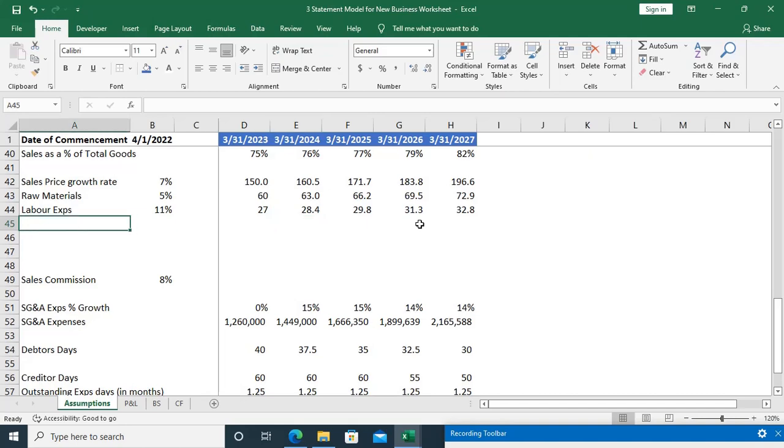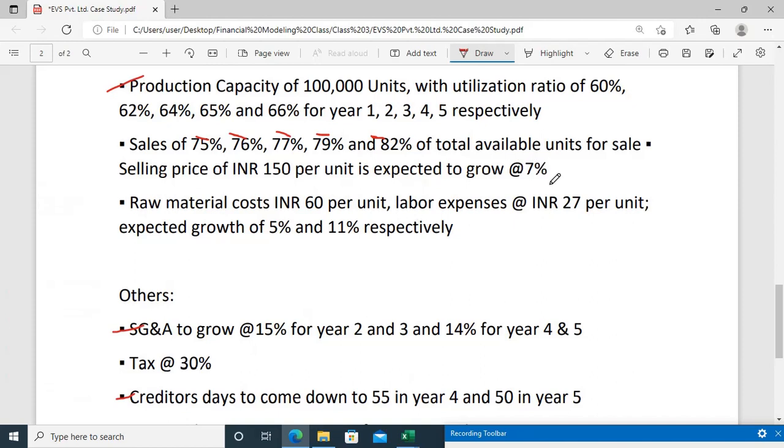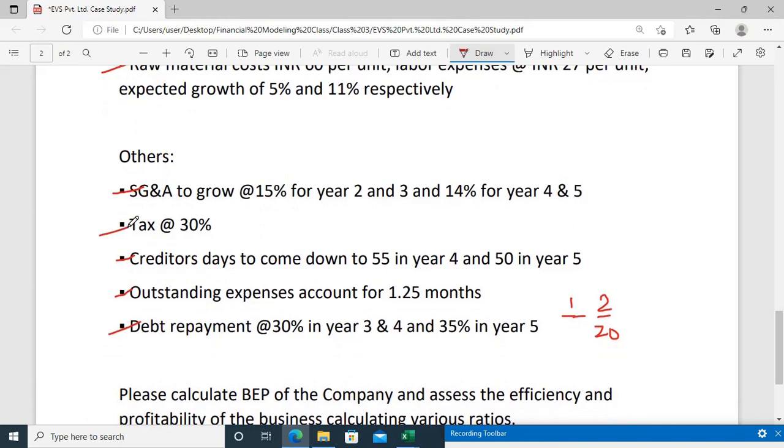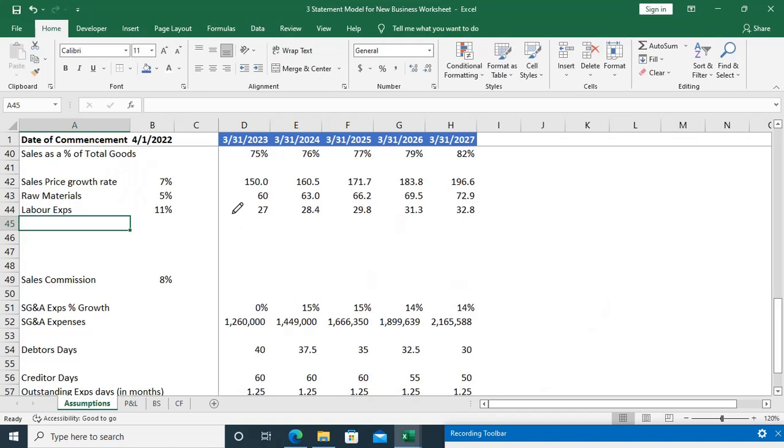Now the taxation part, which was mentioned just here, just one part we missed. The selling part has already been taken care of, and the raw material part along with the labor expenses. So the remaining thing is only the taxation part, which is 30%. Taxation is a flat 30% on profit before tax.